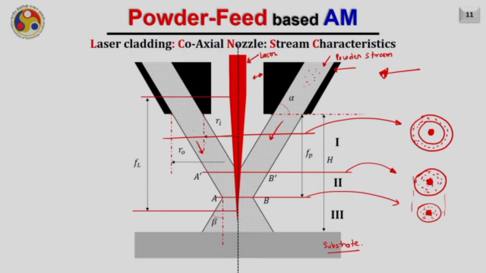Then after that, it will start diverging, and its diameter will further increase. Assume that is happening in region number 3, where the diameter of the powder stream is further increased.